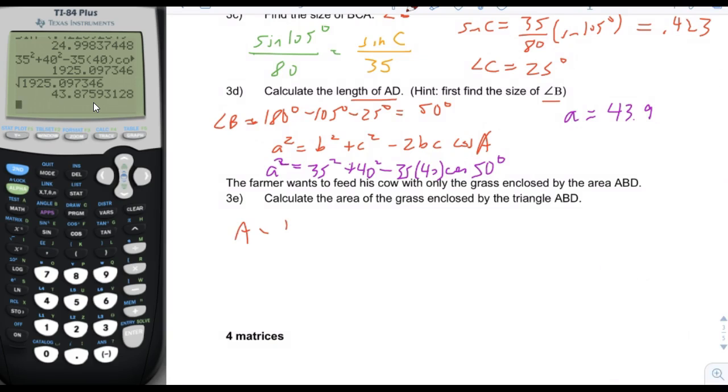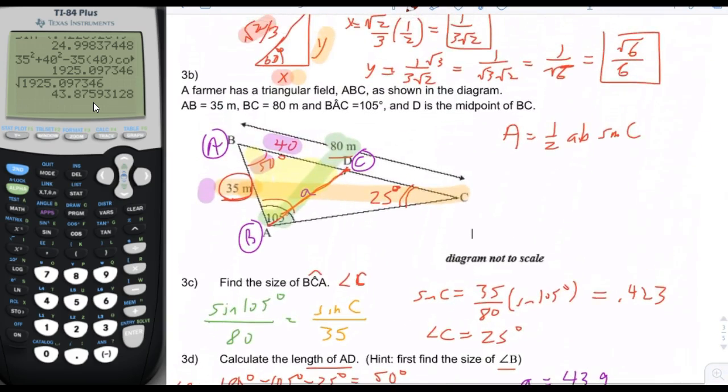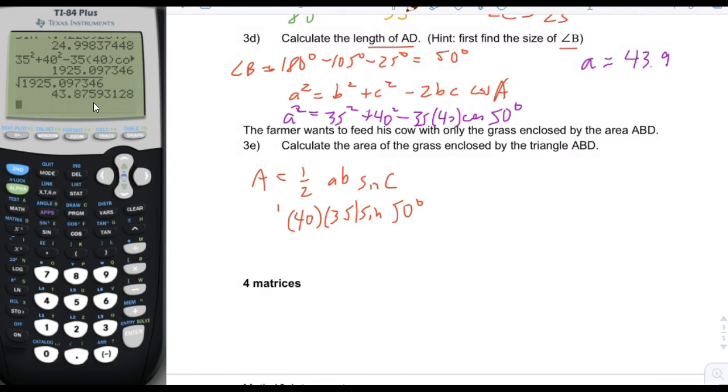A equals 1/2 ab sine of C. The angle we know, C, happens to be 50 degrees, right? And the two adjacent sides are 40 and 35. We can never forget to multiply by 1/2. A lot of people forget to do that.